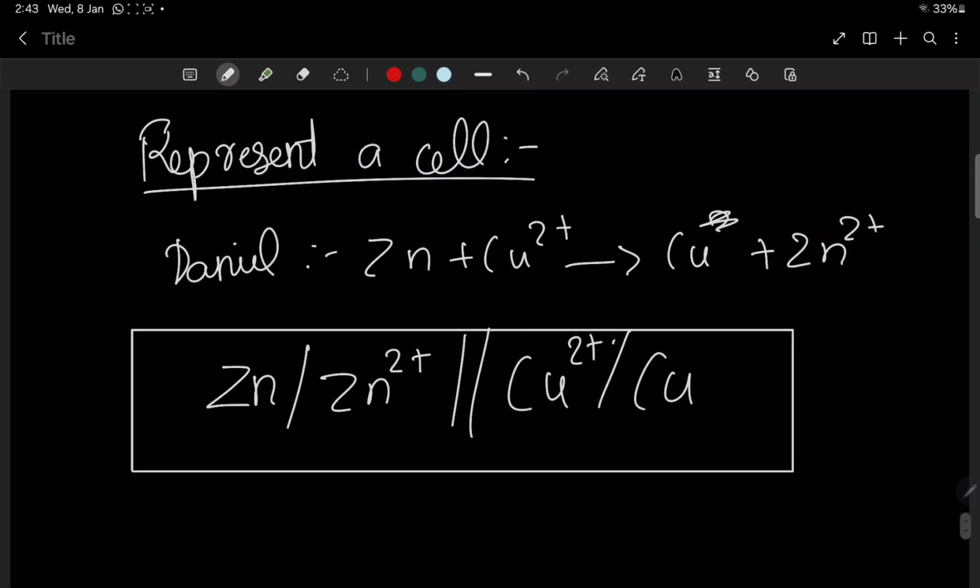I'm not finding a proper example, so this example is enough. So we will represent the cell like this.